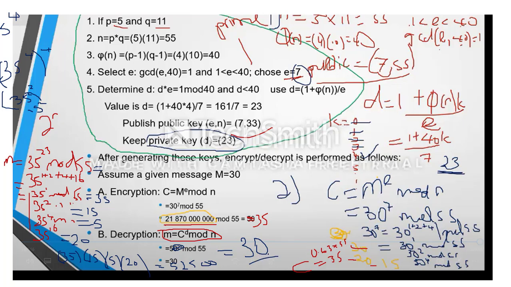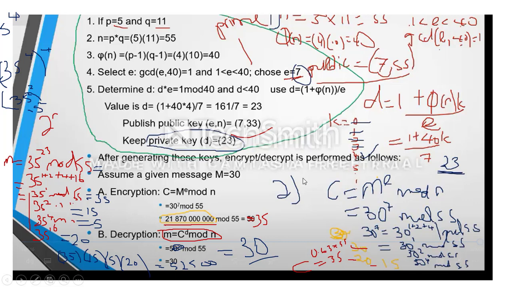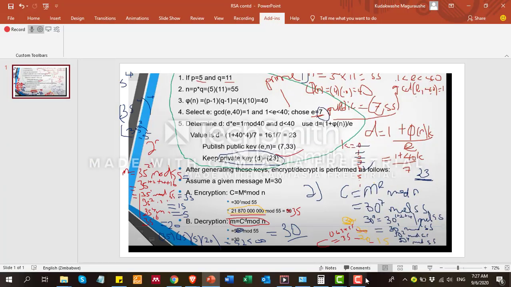So it's confirming that the plain text, the original message, was 30, right? So this is how you do your RSA in terms of encryption and decryption, right?